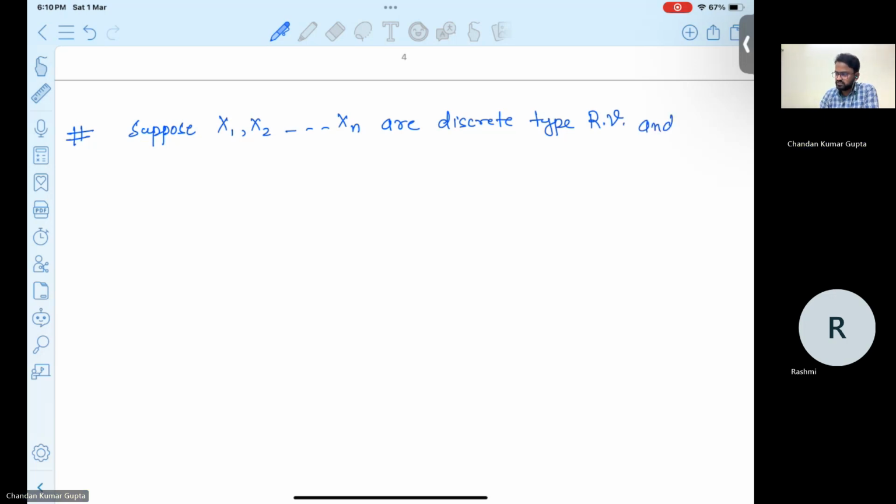Then, when we know the distribution of x, we can define the joint PDF of y.